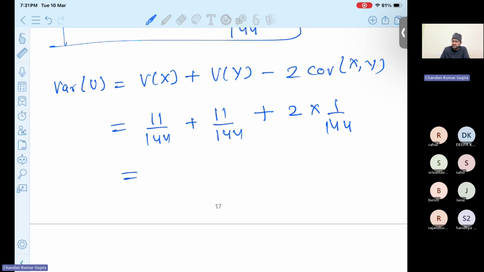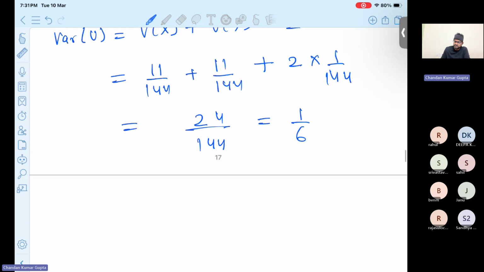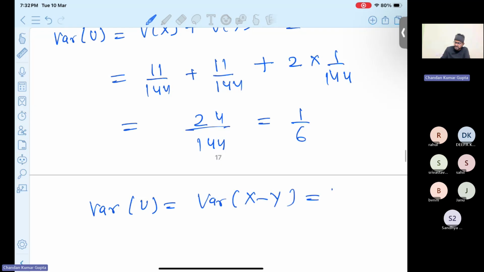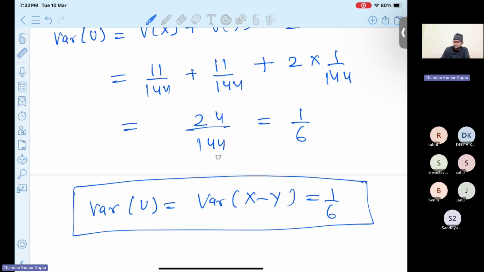It comes out to be 11 plus 11 plus 2, that is 24, upon 144, which can be divided by 24 as well. So it comes out to be 1 by 6. So the variance of u, which is equal to the variance of x minus y, comes out to be 1 by 6.